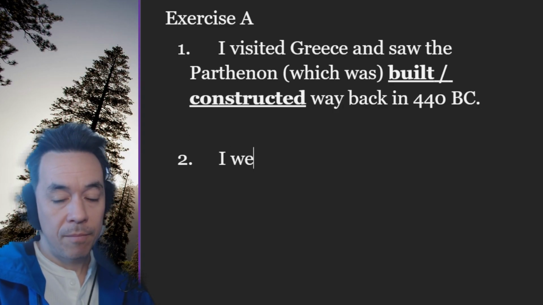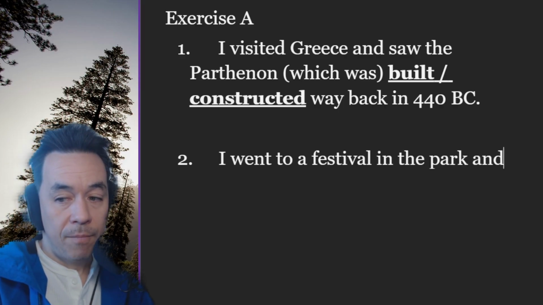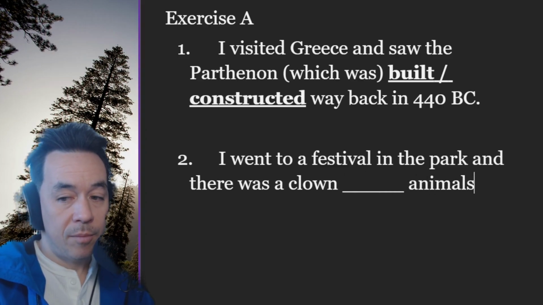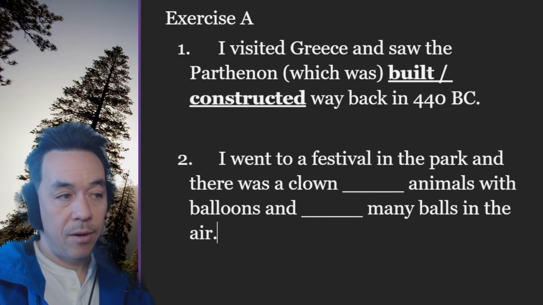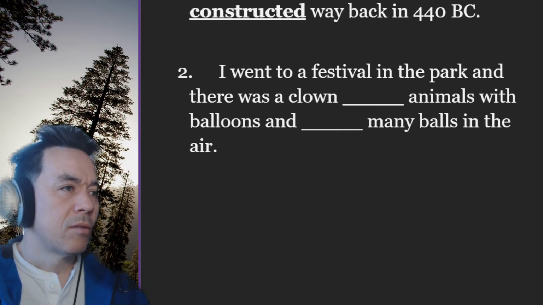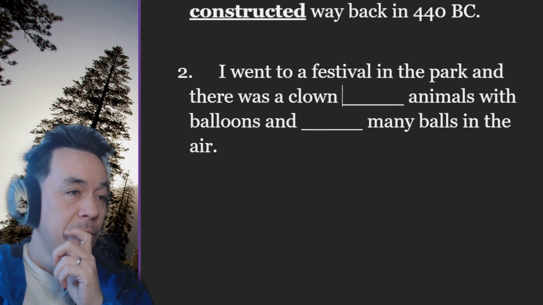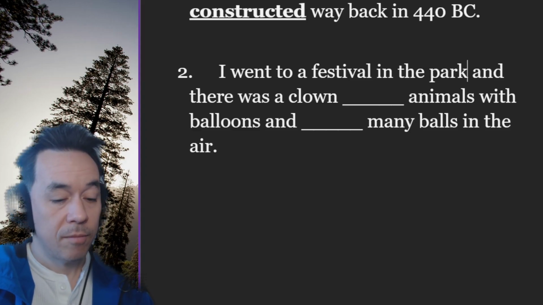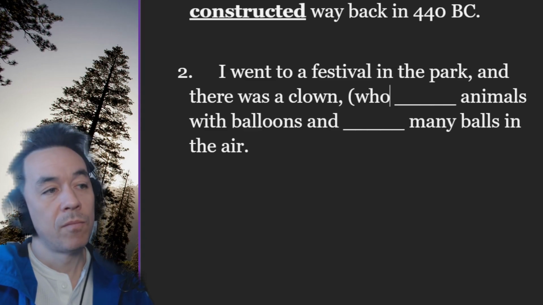Number 2. I went to a festival in the park, and there was a clown, blah, blah, animals with balloons, and blah, blah, many balls in the air. Let's see. So here, how do we do this one? We're going to say a clown. And there should be a comma here. And there was a clown. Clown's a human, so we're going to say who.